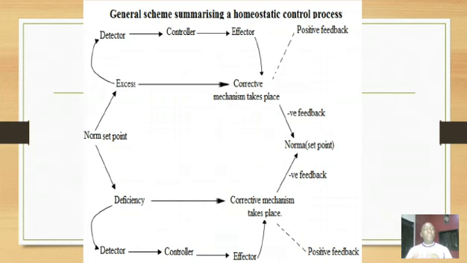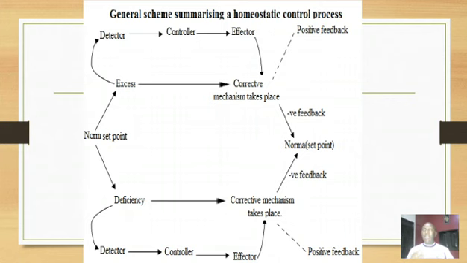That deviation from the norm is detected by the detector, also called the receptor. That is why we can see that arrow from excess to detector, meaning an increase in the factor from the norm is detected by a receptor or a detector.